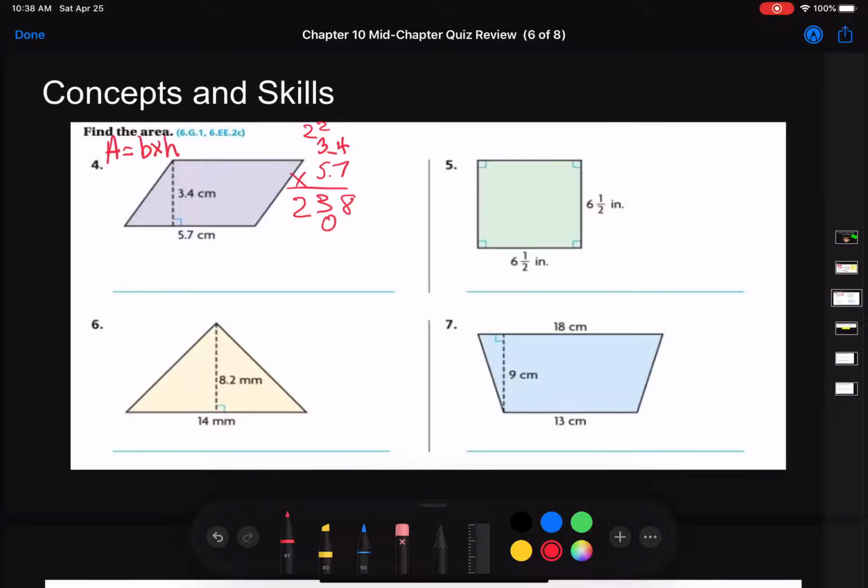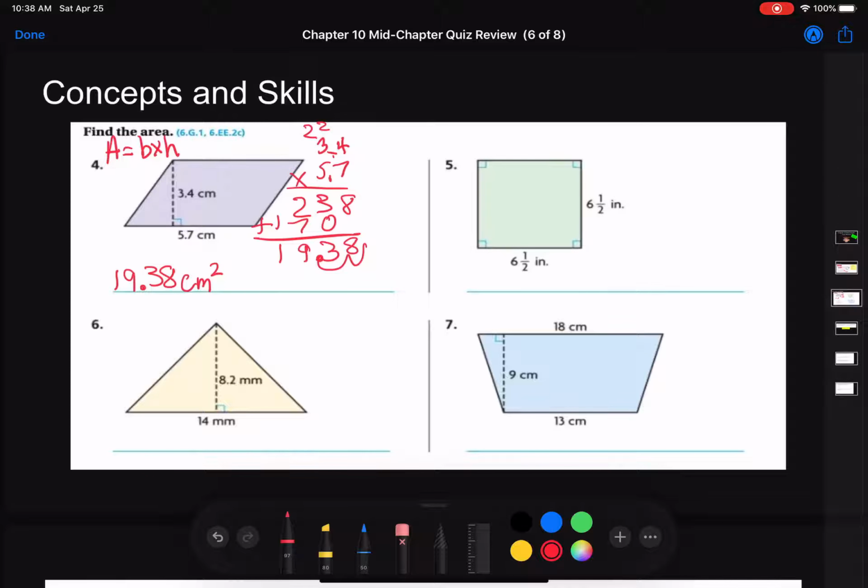Carry that 2, 5 times 3, 15, 16, 17. And then we're not done yet because we have 2 decimals. So you're going to move the decimal 1, 2 times. So your answer is 19 3/38 centimeters squared.